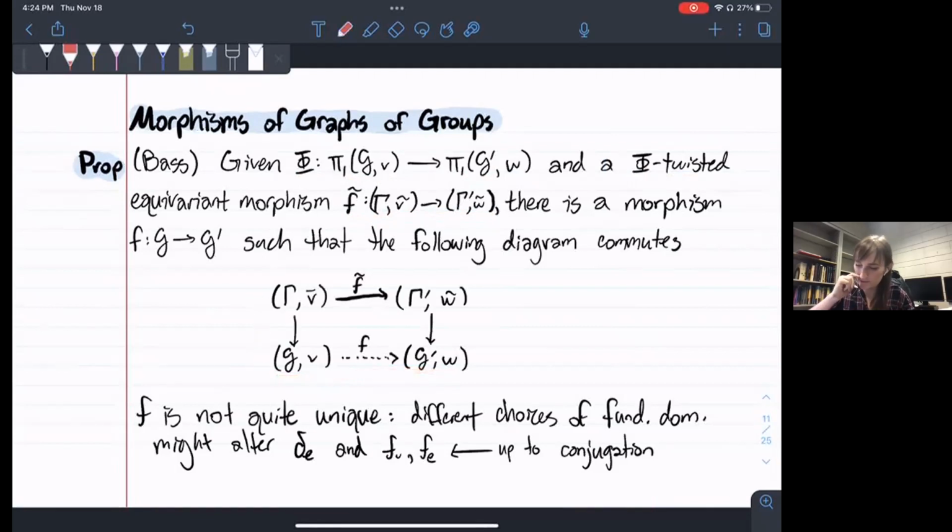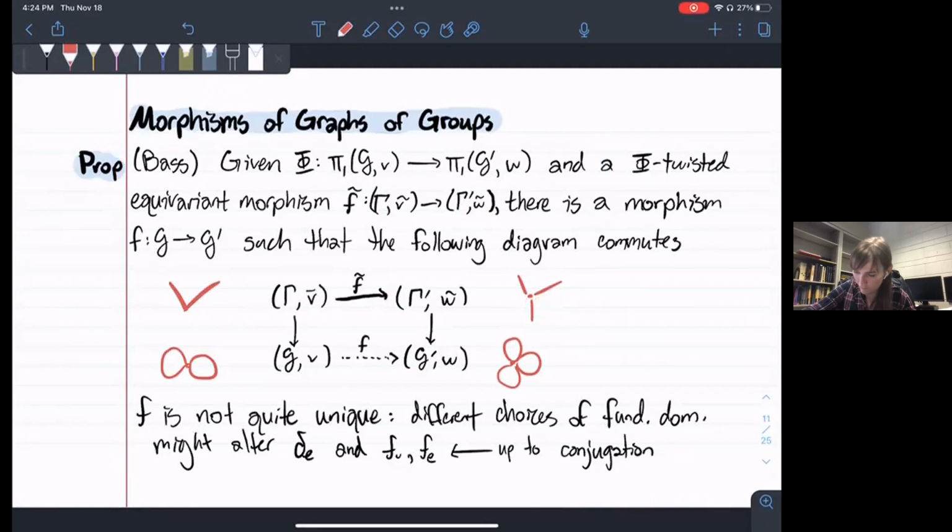So the elements delta sub E, maybe you could think of them as so over here on gamma, I have a fundamental domain. So maybe my graph of groups looks like this. And maybe this graph of groups looks like, maybe it's a rose on 3 petals, I don't know. And maybe it has a fundamental domain over here, but maybe this vertex for some reason has more valence.